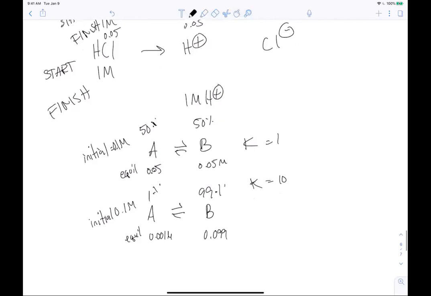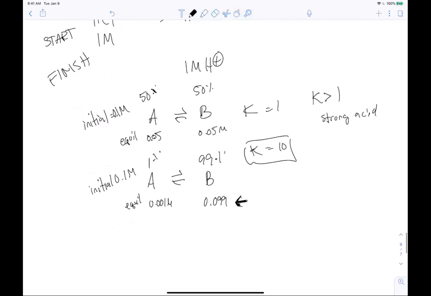Once K gets to even just a value of 10, you start to see that it really does approximate a reaction that goes to completion. So for K values, K greater than 1 is strong acid. But for practical purposes, I think we just give you a strong acid list, and you just look up the strong acids on there.